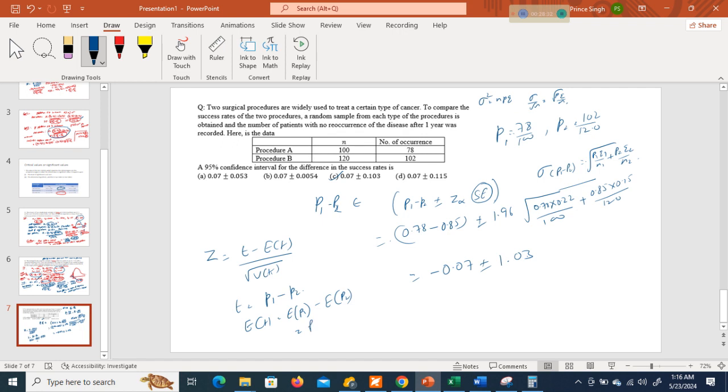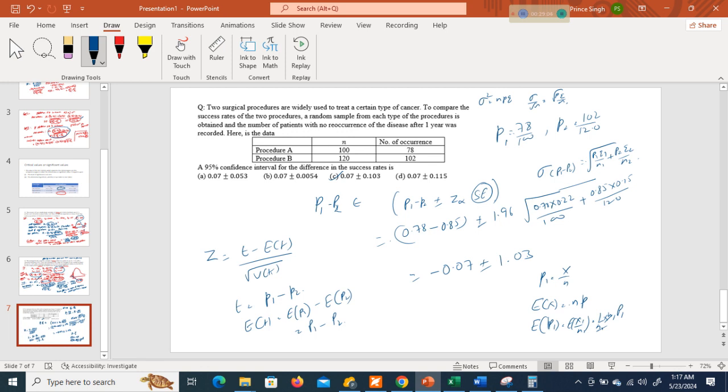In this case this is capital P1 minus capital P2. Because basically what is p1, it is x upon n. So expectation of x is equal to n into p in case of binomial distribution. So what is expectation of p1, means expectation of x1 upon n1. So it is 1 upon n1 into n1 P1. The n1 and n1 get cancelled out, so its value is P1 only.